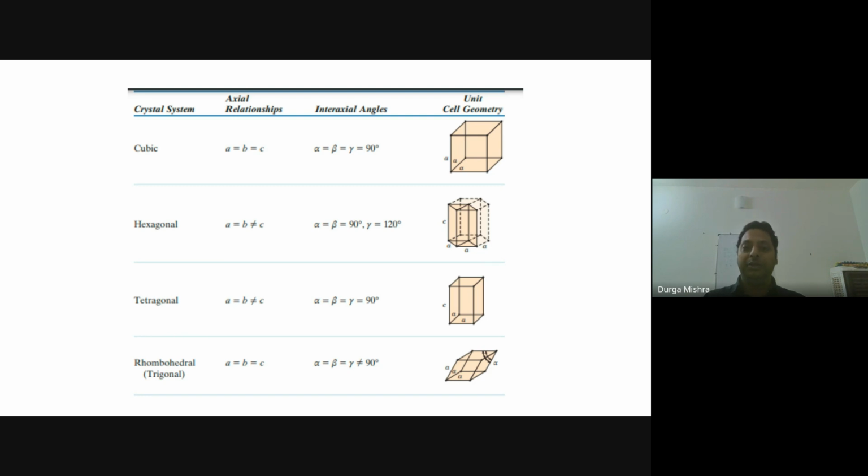Between z and x it will be alpha, between x and y it will be beta, and y and z will be gamma. Sometimes this definition of the angle is different for different books, but if you are sticking to one particular definition, you stick to that particular definition.